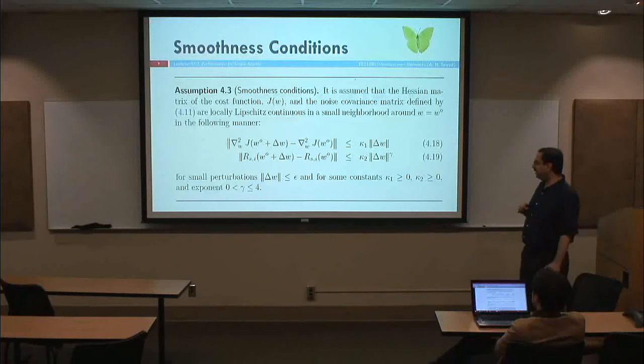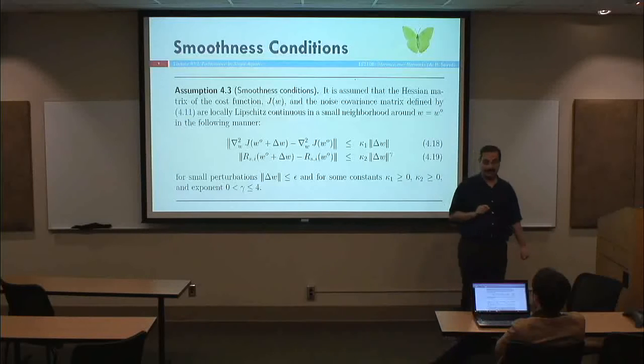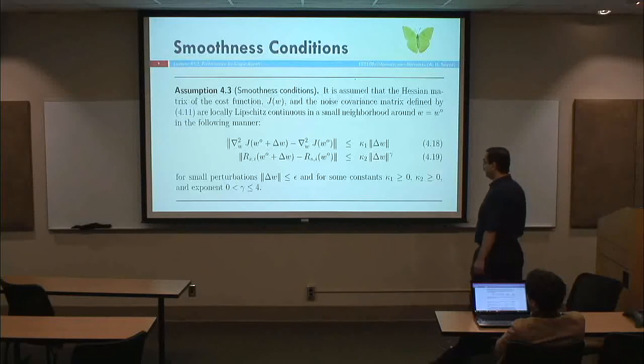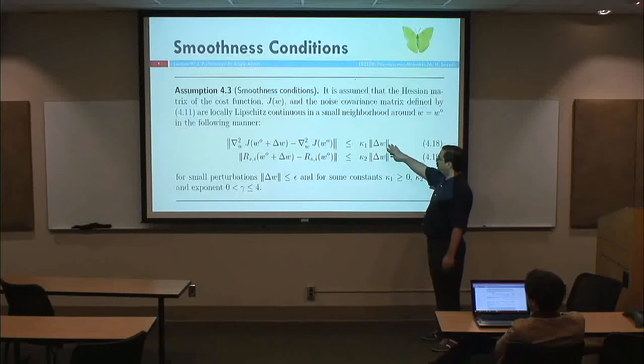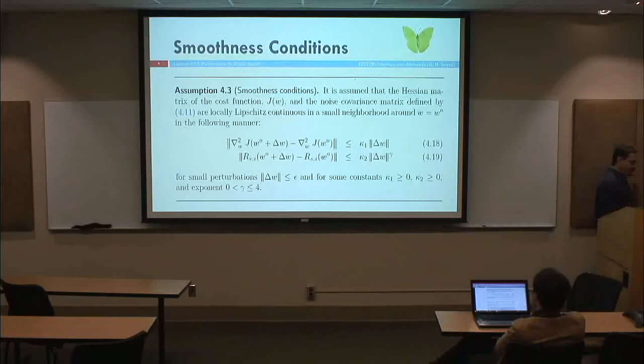For example, gamma is 1 for logistic regression, if I'm not mistaken, and gamma is 2 for quadratic cost. You can show that the gradient noise covariance satisfies that condition for these values of gamma. Okay? So we assumed these conditions last time, and I illustrated what they mean and what they do.